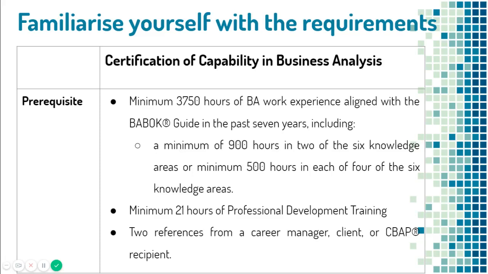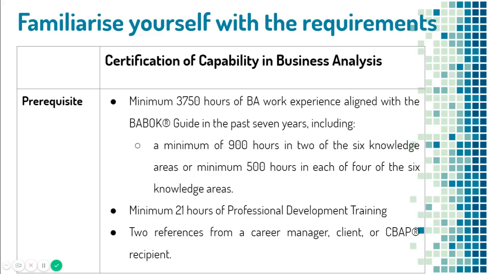Of these hours, you need to document a minimum of 900 hours in 2 of the 6 knowledge areas mentioned in the BABOK Guide. I'll be walking you through what the knowledge areas are. Or you document 500 hours in 4 of the 6 knowledge areas. So if you don't meet 900 in 2 of the knowledge areas, you can meet at least 500 in 4 of the 6 knowledge areas.